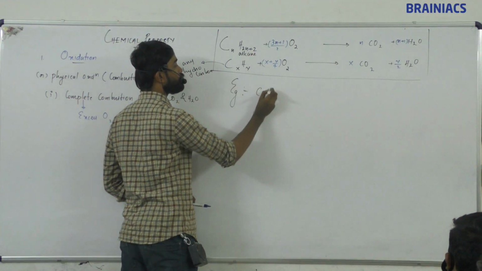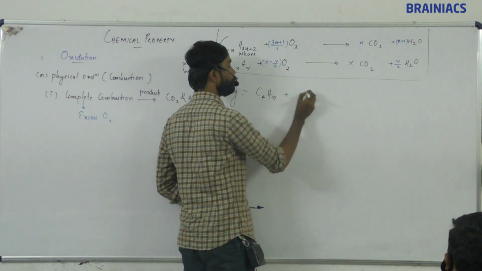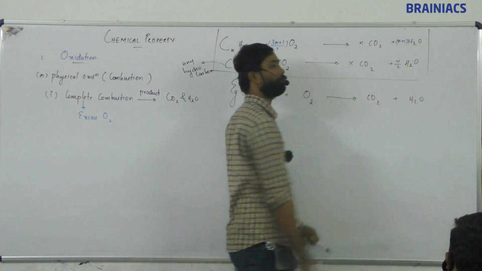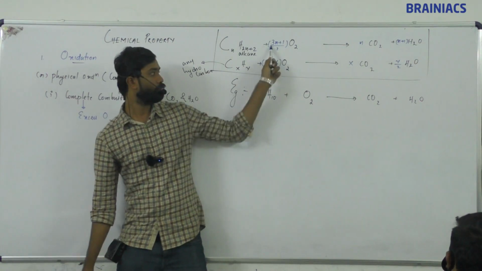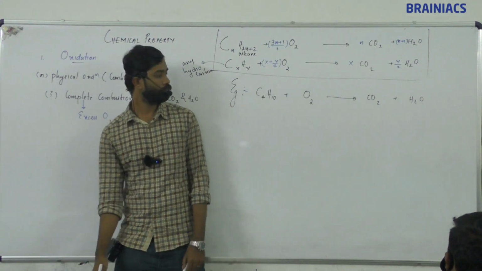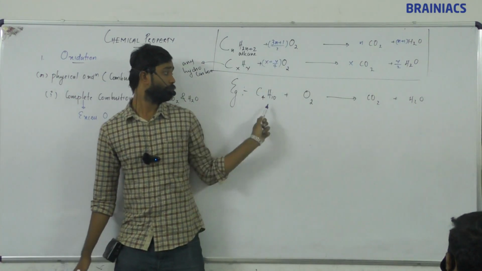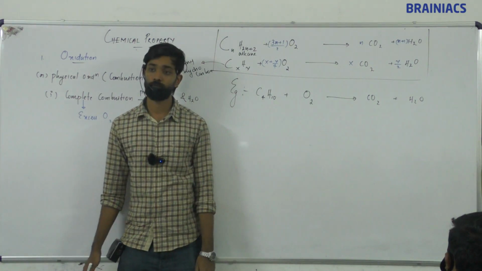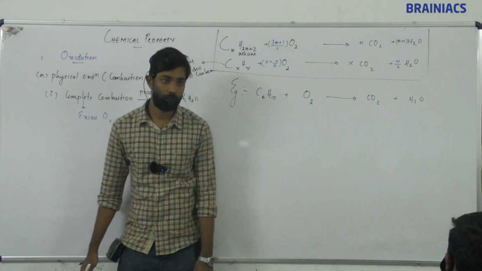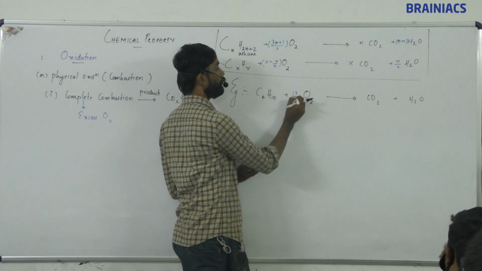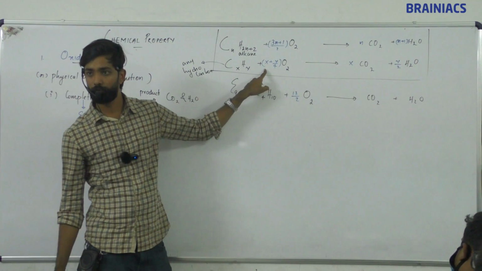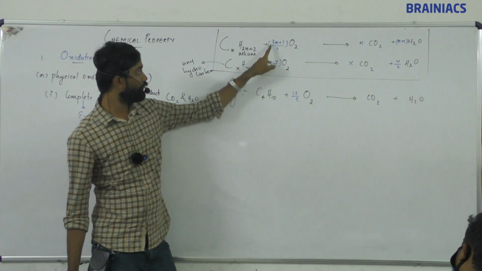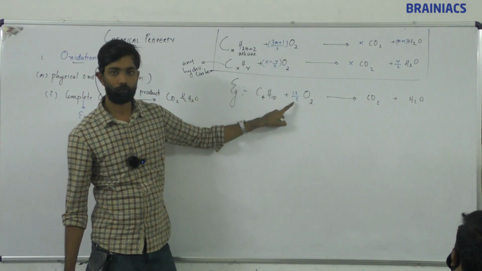Ready? Let me give an example. The combustion of butane: C4H10 plus O2 gives CO2 plus H2O. This is an alkane, so we can use either formula. What about the first one? (3n+1)/2 with n = 4 is 13/2.